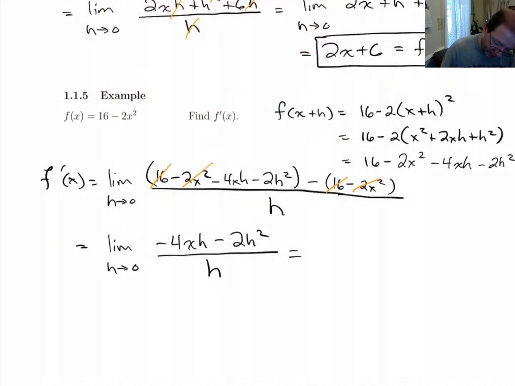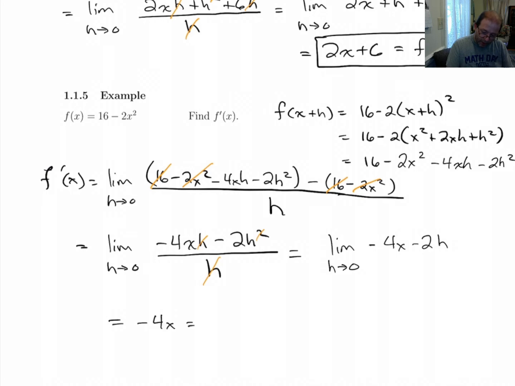I can cancel an h now out of everything. I'm left with the limit as h goes to 0 of minus 4x minus 2h over 1, which I'm not going to write. Now plug in 0 for h, and I get minus 4x. And that's my derivative.